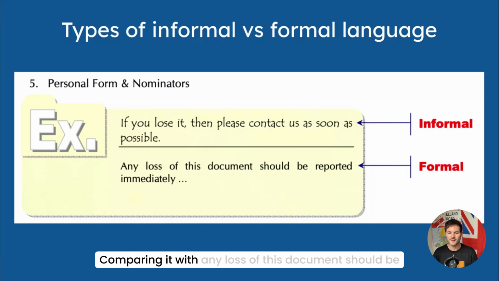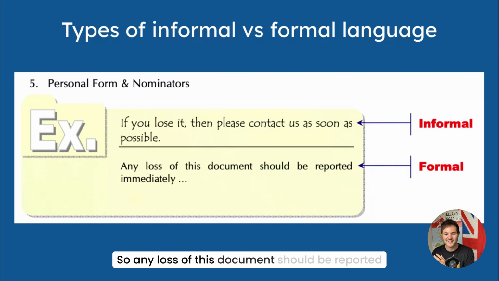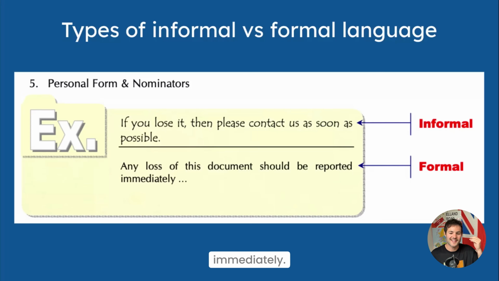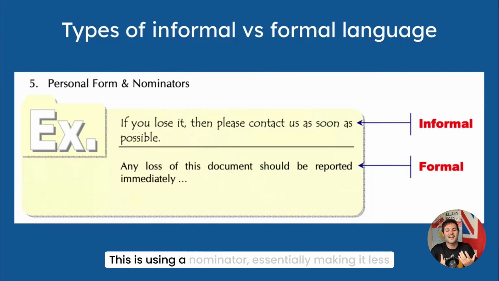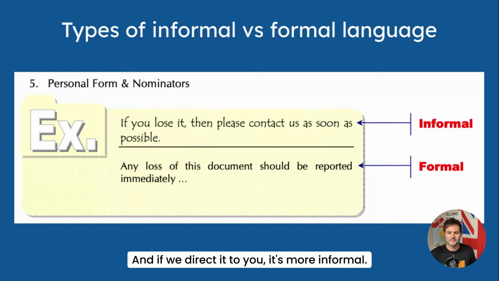Compare it with "any loss of this document should be reported immediately." This is using a nominator, essentially making it less personal and more impersonal. So it could be speaking about anyone rather than directing it to you. And if we direct it to you, it's more informal.